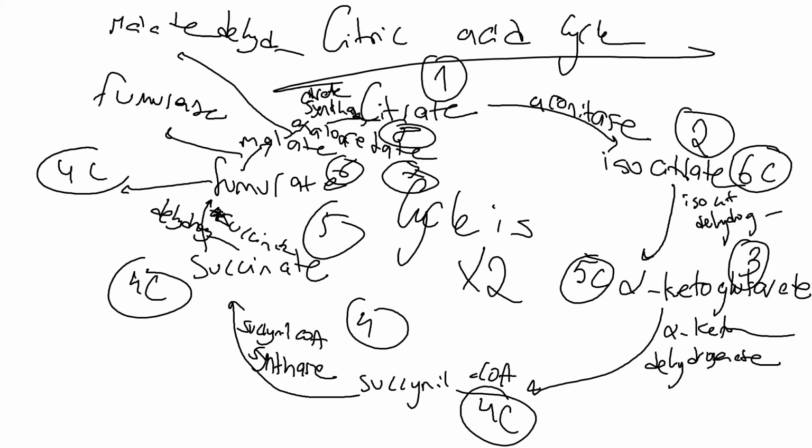And the malate is 4 carbons. And the oxaloacetate is also 4 carbons. Okay, what else should you know for the IMAT? Okay, so let me try to draw.